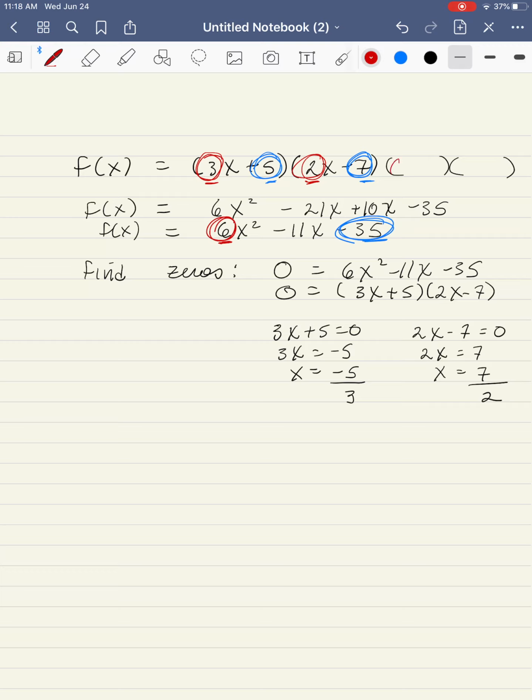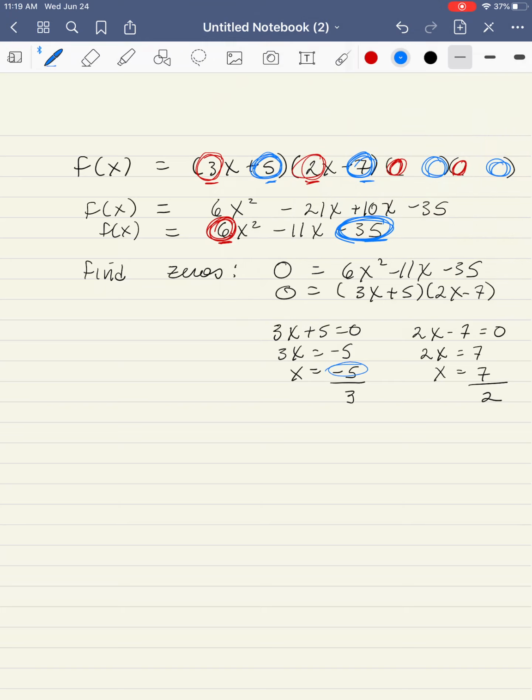My last numbers here and here multiply to give me my last number here. And if I had more factors, that would continue on. I would multiply the coefficient of x in every single factor to get this first number. And I would multiply every one of my constants all the way along to get my last number. And we saw that when we were looking at finding our y-intercepts.